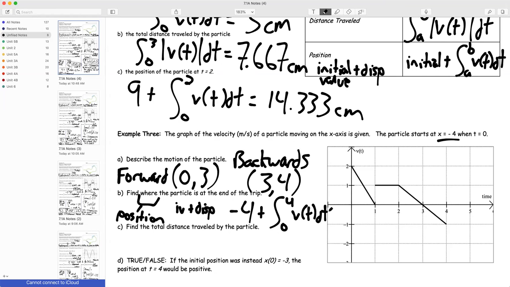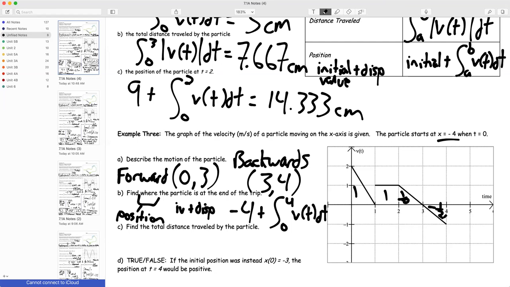So triangle, area 1. Square, another area 1. Smaller triangle, 1/2. Under the x-axis triangle, -1/2. So my displacement would, you can look back on the first page and see one way to calculate displacement is to add up the net areas.